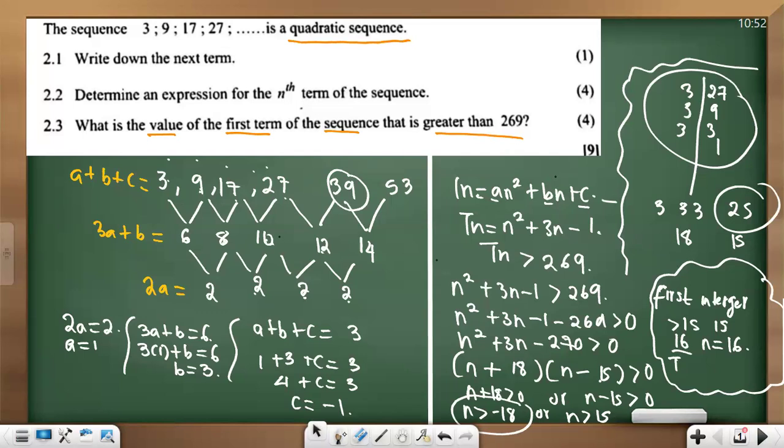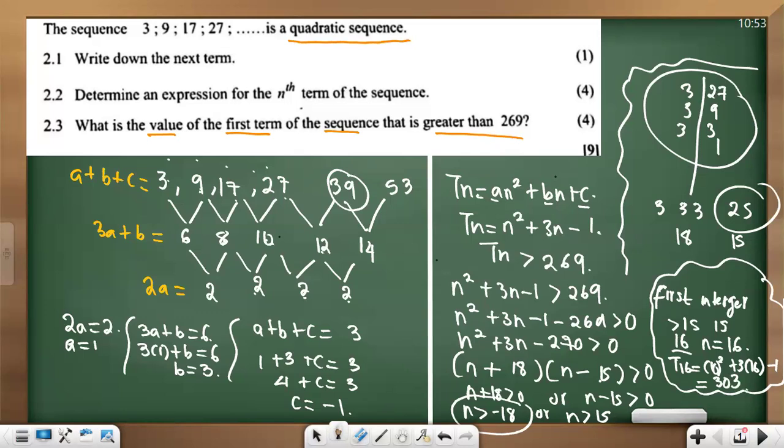Oh no, my letters have been removed. It's okay, let's do it here. T60 will be 60 squared plus 3 times 60 minus 1. You can use a calculator. That will be 3 910. We are done, child. Good to go.